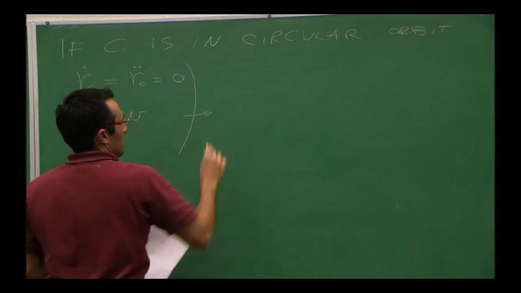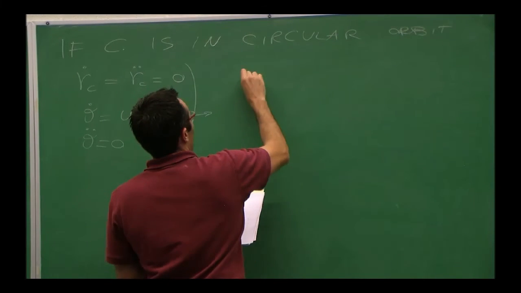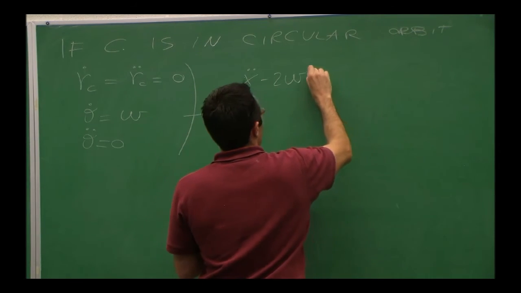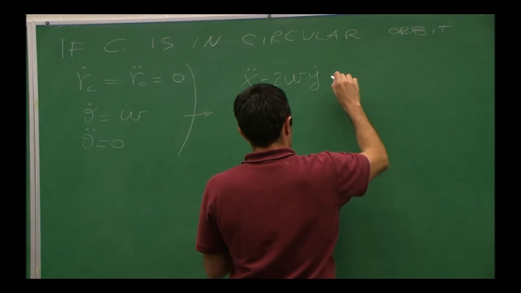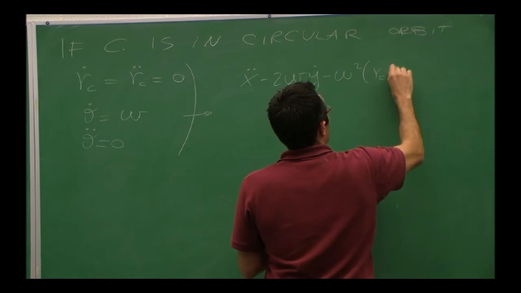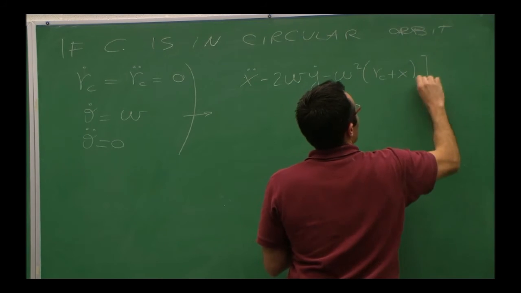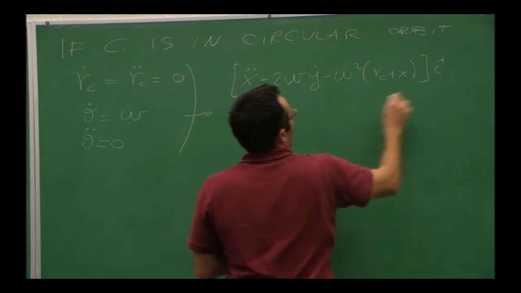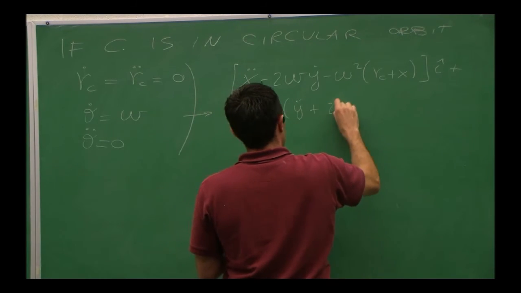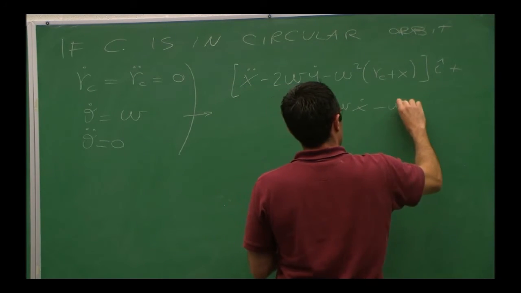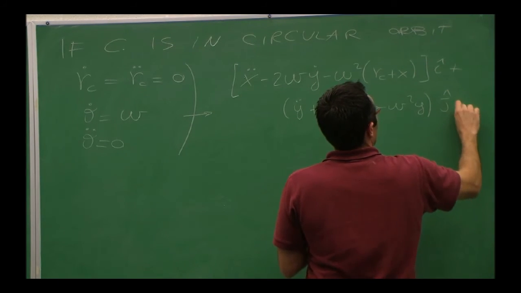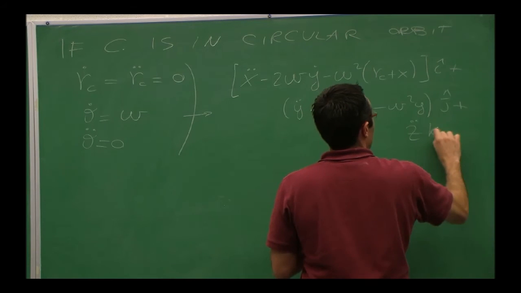So with all this in mind, those equations simplify into x double dot minus 2 omega y dot minus omega squared (RC plus x), where you see theta dot you just plug in an omega. This is on the I direction. And then the second one becomes y double dot plus 2 omega x dot minus omega squared y on the j, plus z double dot k.